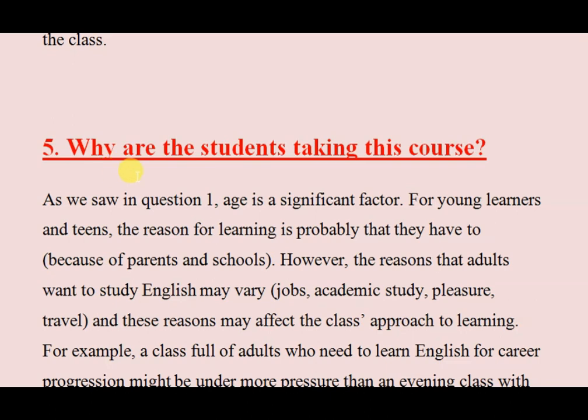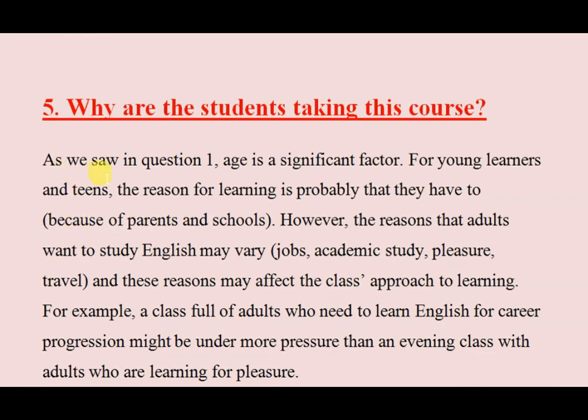5. Why are the students taking this course? As we saw in question 1, age is a significant factor. For young learners and teens, the reason for learning is probably that they have to, because of parents and schools.